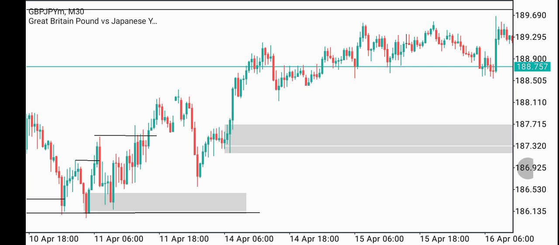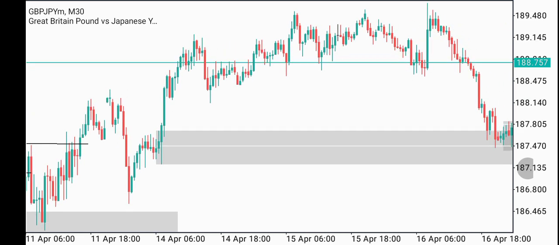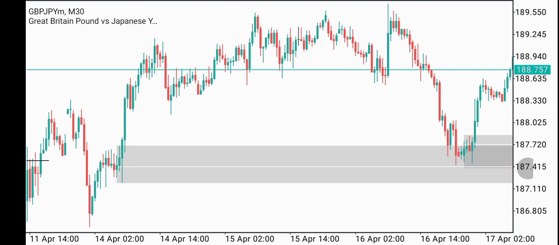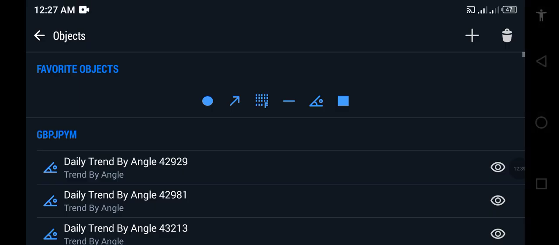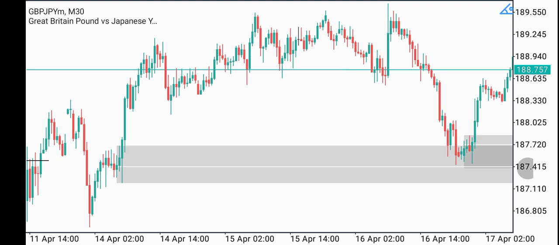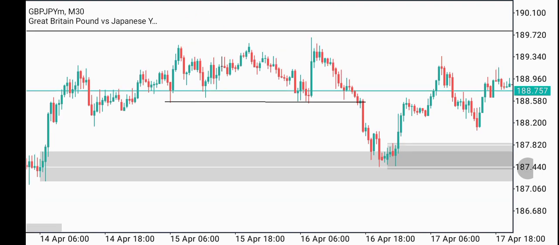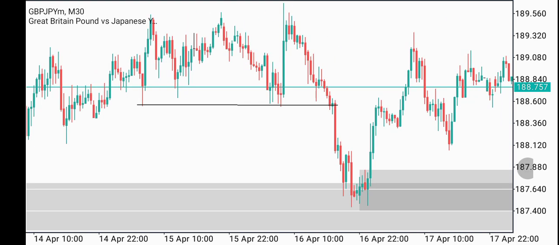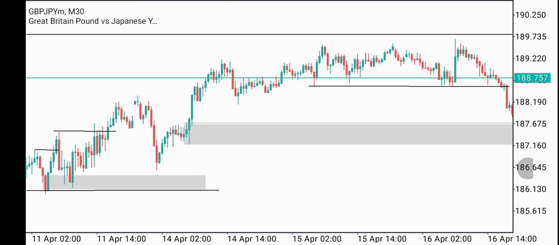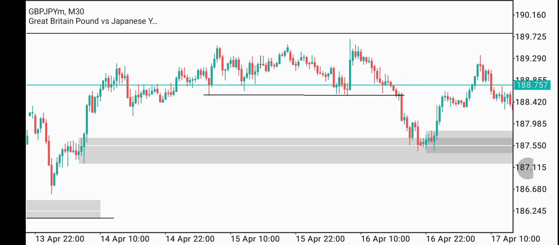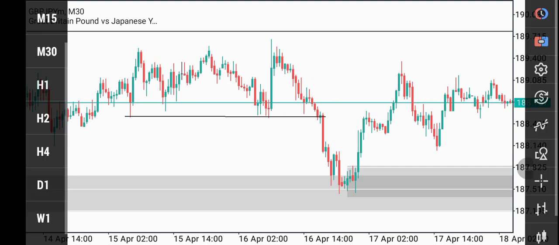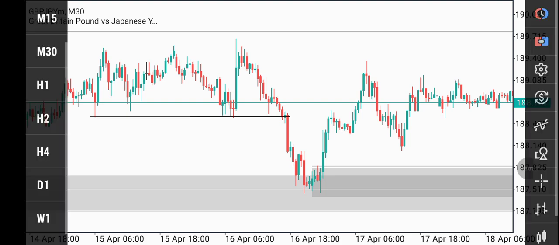So what happened here? We had bullish structure pulling back to the high. Once price came close, a little bit shy of it, we had a shift in market structure. Market tapped into the demand, pushed up again. Shift in market structure, pulled back again.